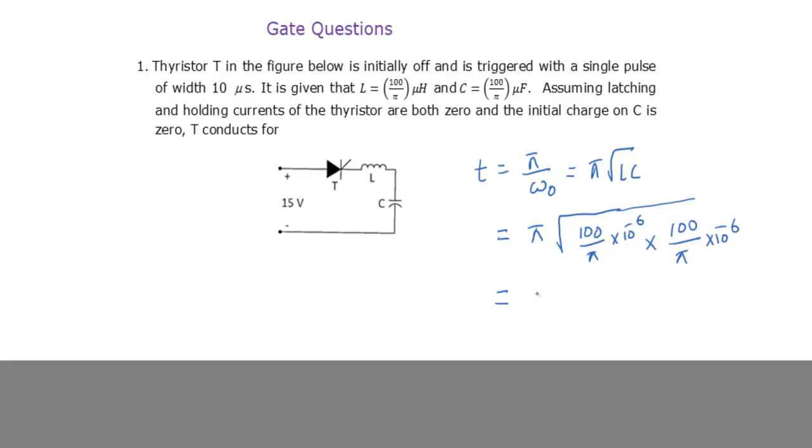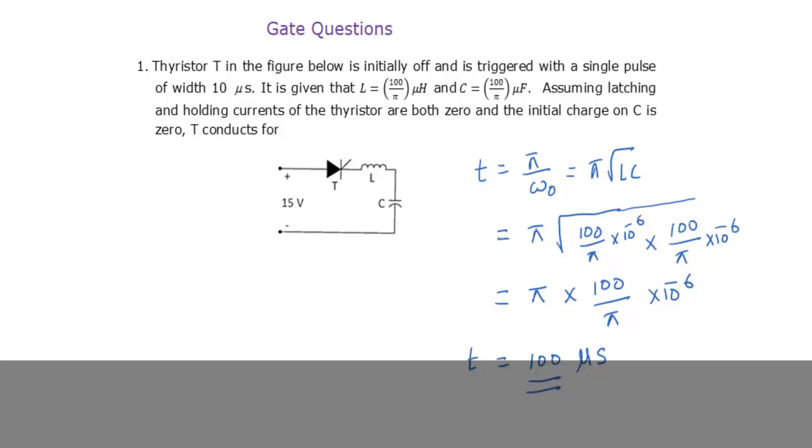That's why if you apply the root and square, it will be pi into 100 by pi into 10 to the power of minus 6, because it's 10 to the power of minus 6 whole square under root. So this thyristor will be in conduction after turning on for 100 microseconds. So that is the answer.